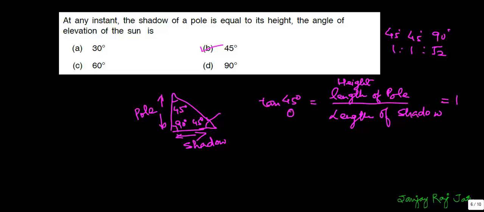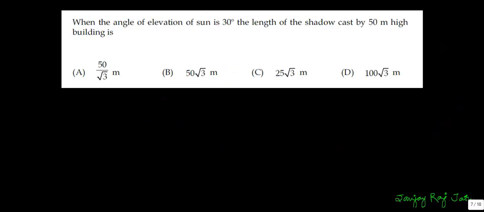So tangent of theta will be equal to 1 when theta is equal to 45 degrees. So by using SOHCAHTOA rule as well as that ratio, we could have found the result.